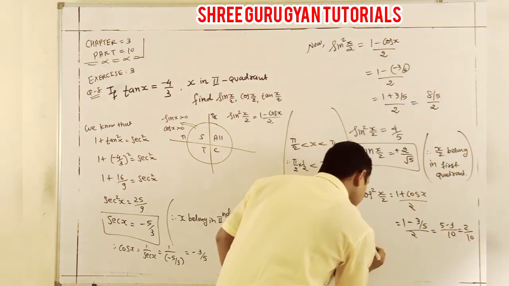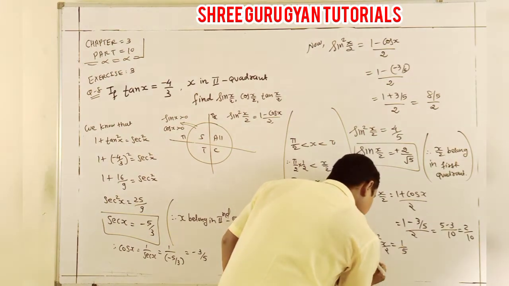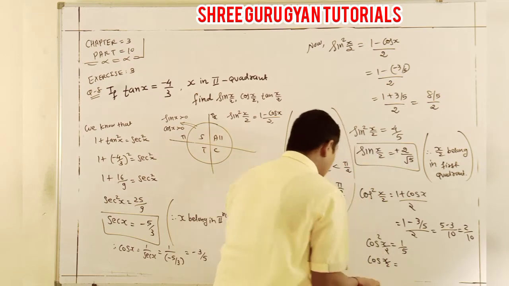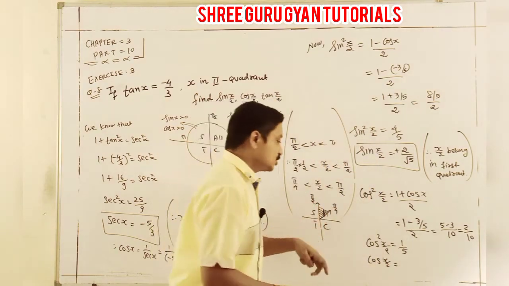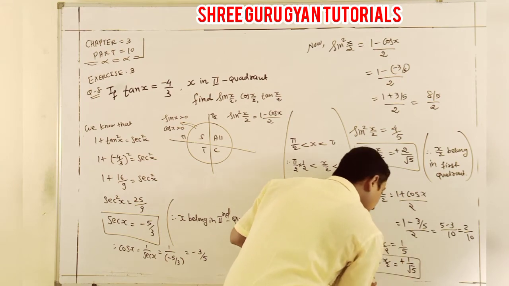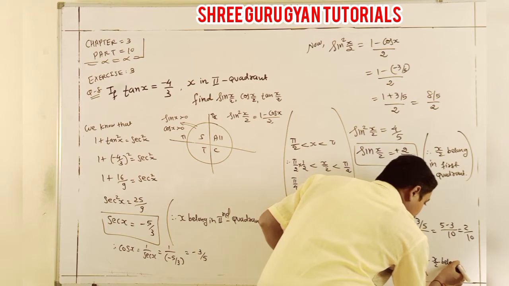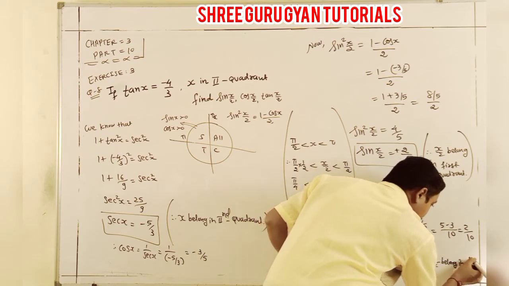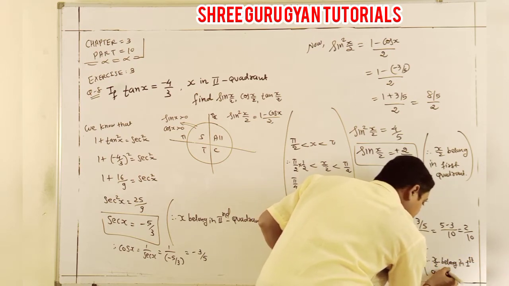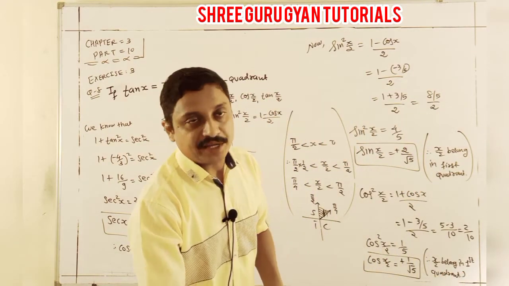So what do you get for cos square x by 2? Yes, 1 by 5, and cos x by 2 is also in the first quadrant. So I write positive 1 by root 5, and again I show here that x by 2 belongs to the first quadrant. These are necessary, students, you write quadrant wise.